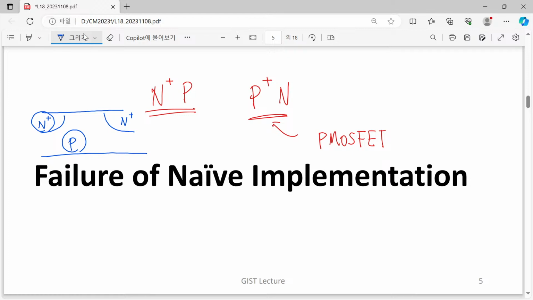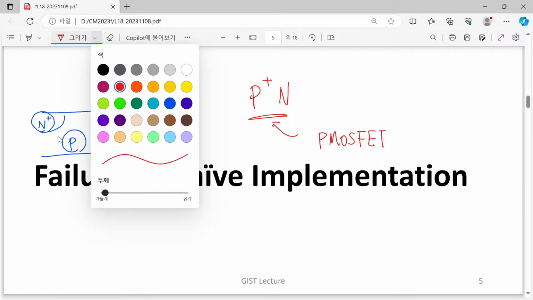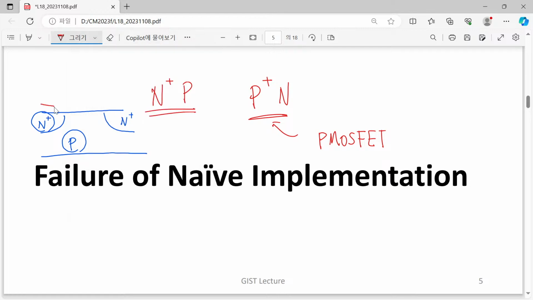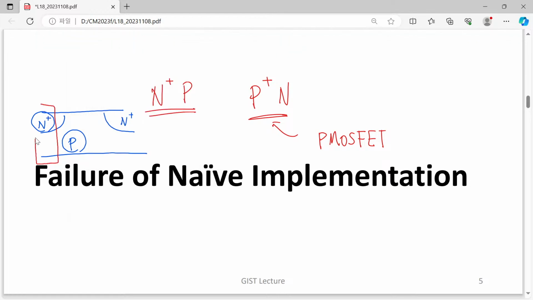So when we say n plus p junction, we are talking about this one-dimensional junction. The reason we are working with this p-n junction is to study the behavior of this junction.